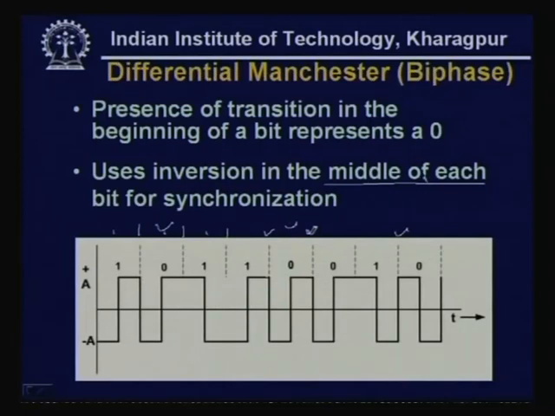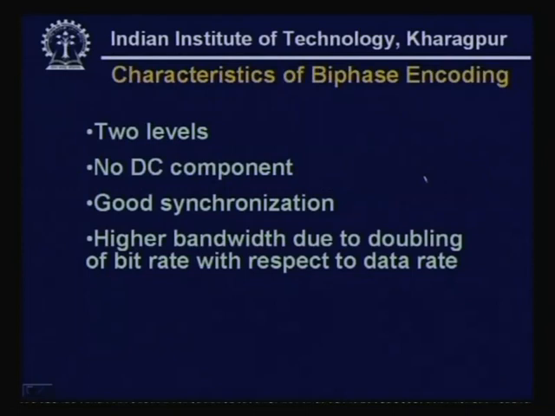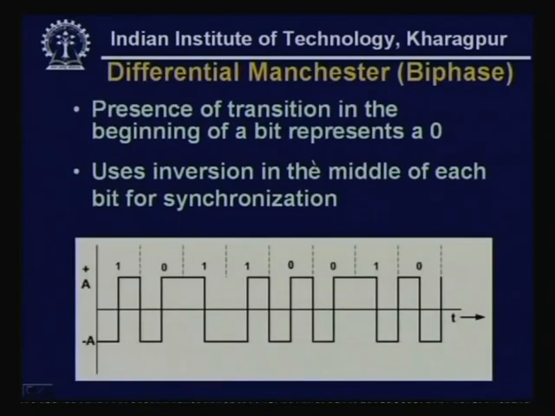So, you can very easily recover data from this, and at the same time it will provide you very good synchronization. It has two voltage levels, plus A and minus A, as you have seen. There is no DC component, as you can see here, alternately you are making it high and low, high and low.